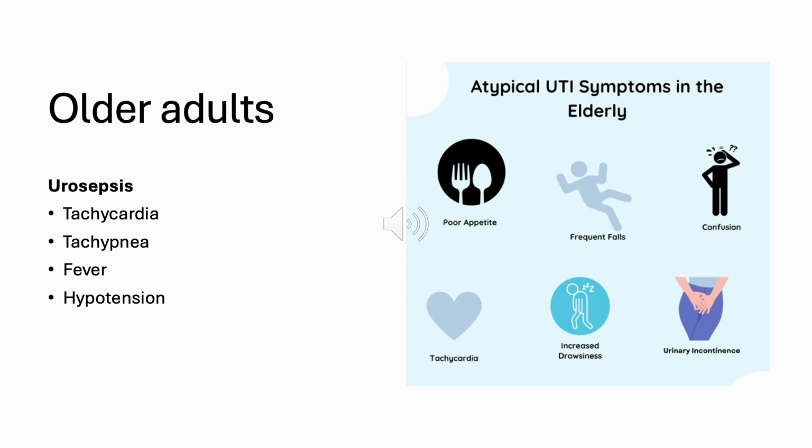Remember that older adults oftentimes don't generate the same type of fever as a younger person. And if they become septic, you'll see tachycardia, tachypnea, fever, and hypotension. Those are the symptoms you're looking for in an older adult with a UTI.